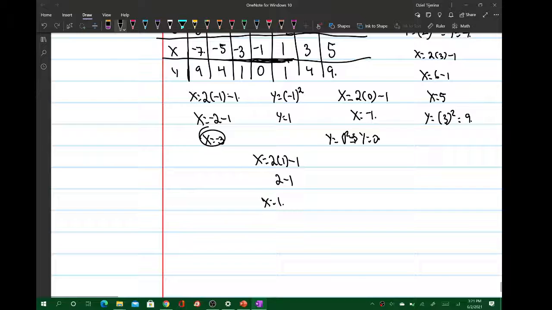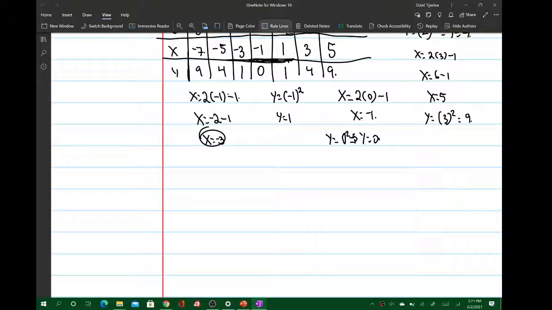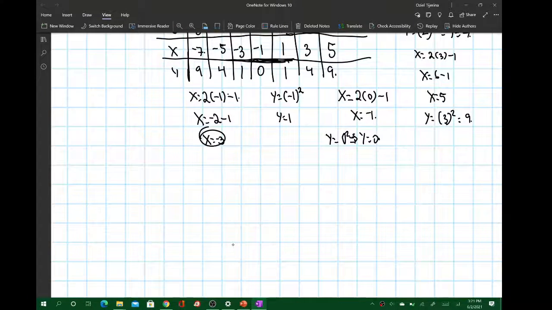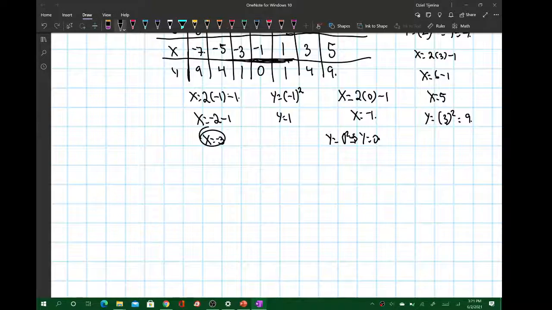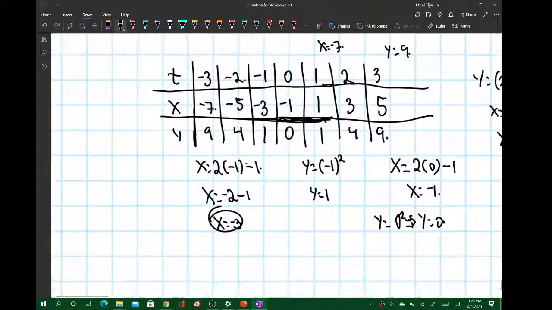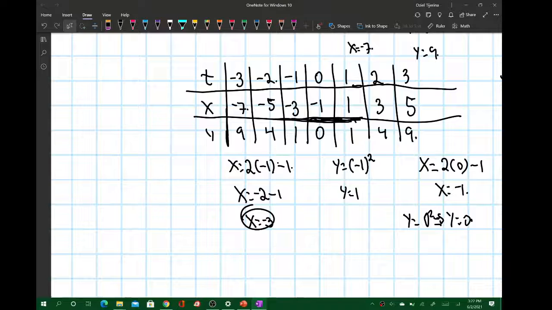Now, to graph this, you're going to want to do an x and y coordinate. So basically, you're going to want to look at your lowest x value.